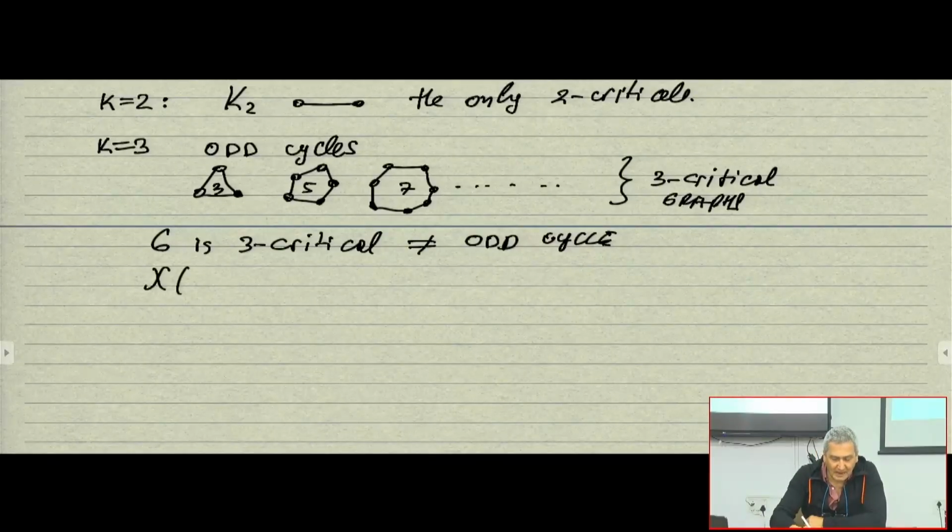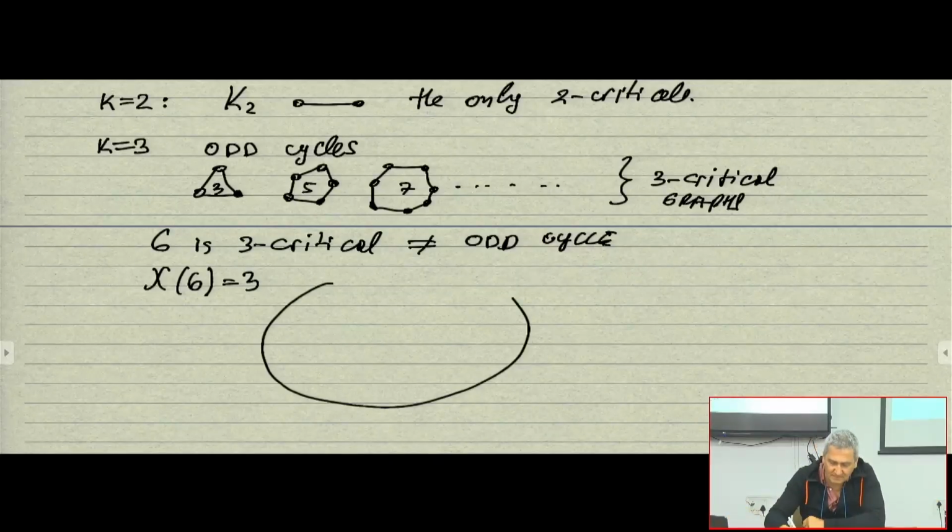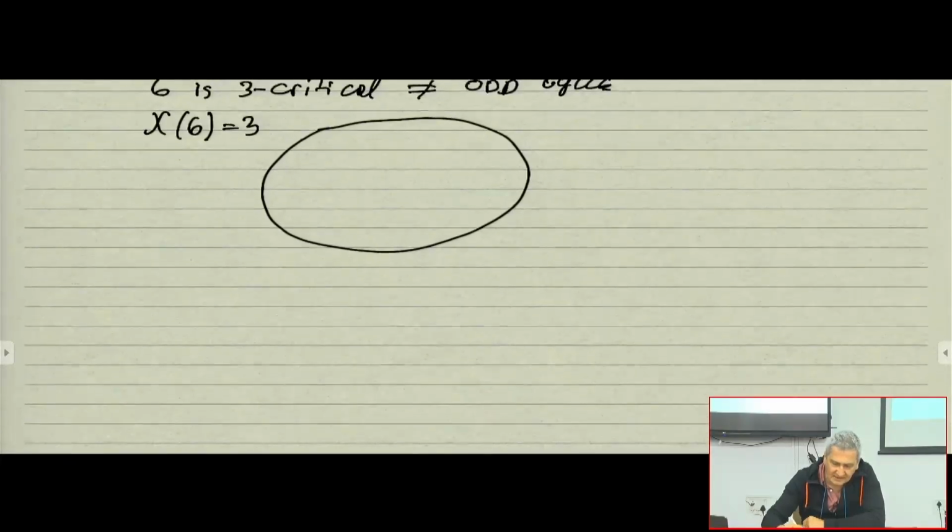The chromatic number of G is 3, so it has some odd cycle. If it had no odd cycle, it is a bipartite graph and 2-colorable. So in G we have some odd cycle here.